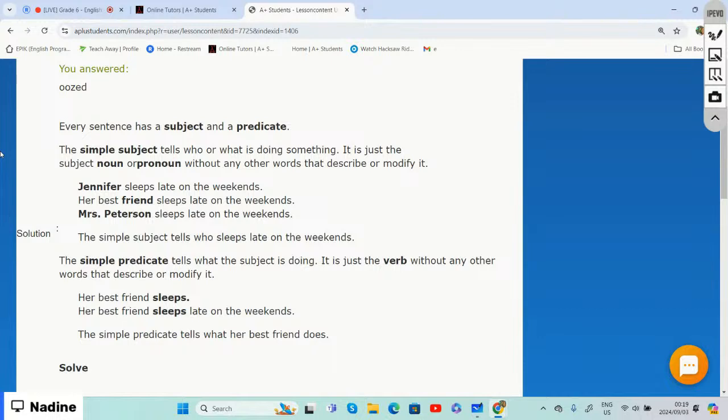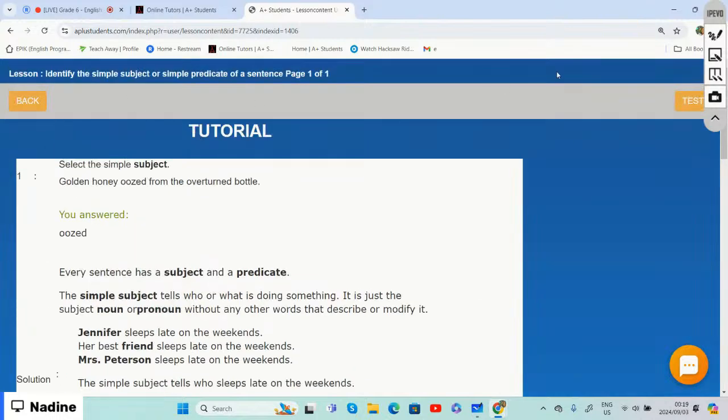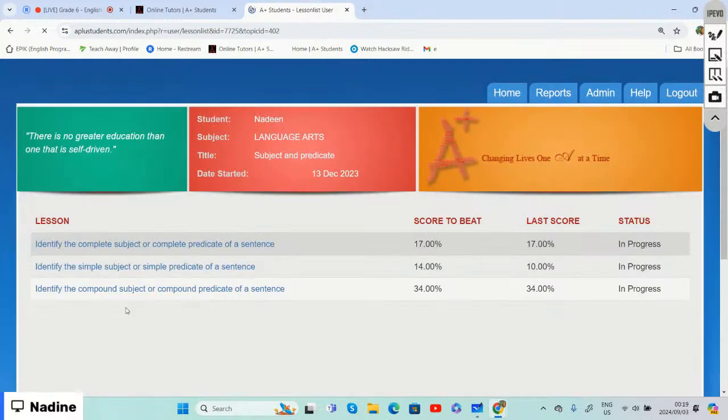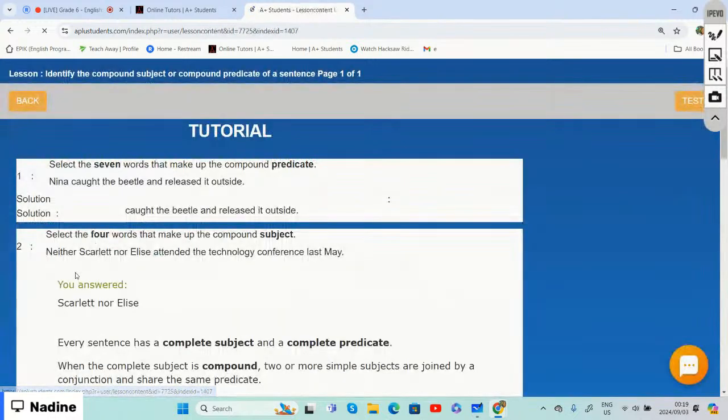All right. So now we're going to our compound subjects. Remember, this is actually the lesson for today, where we are going to identify the compound subject or compound predicate of a sentence.